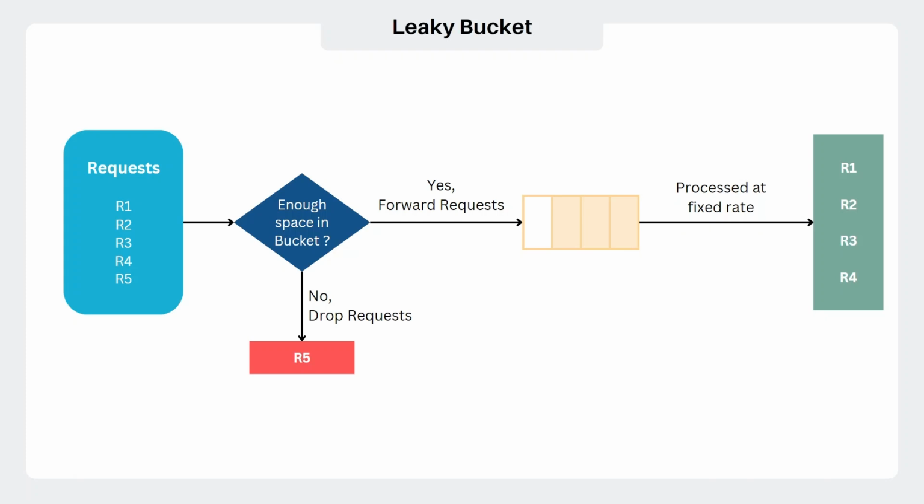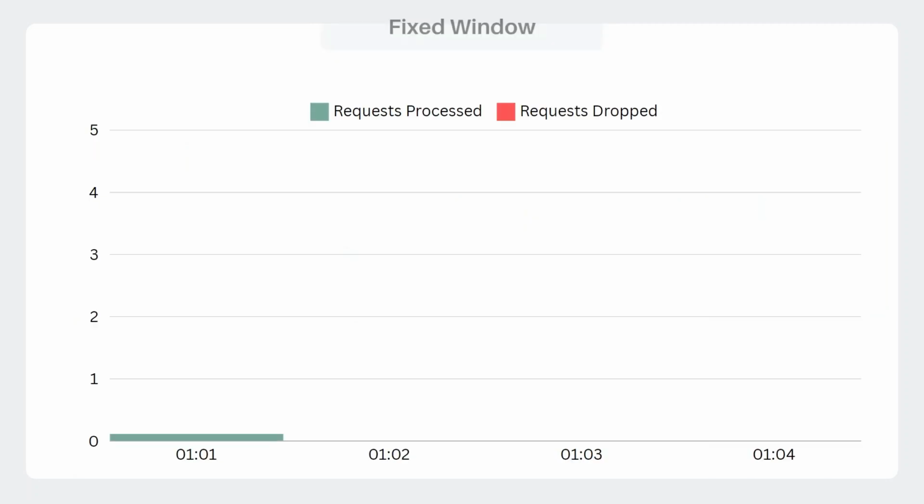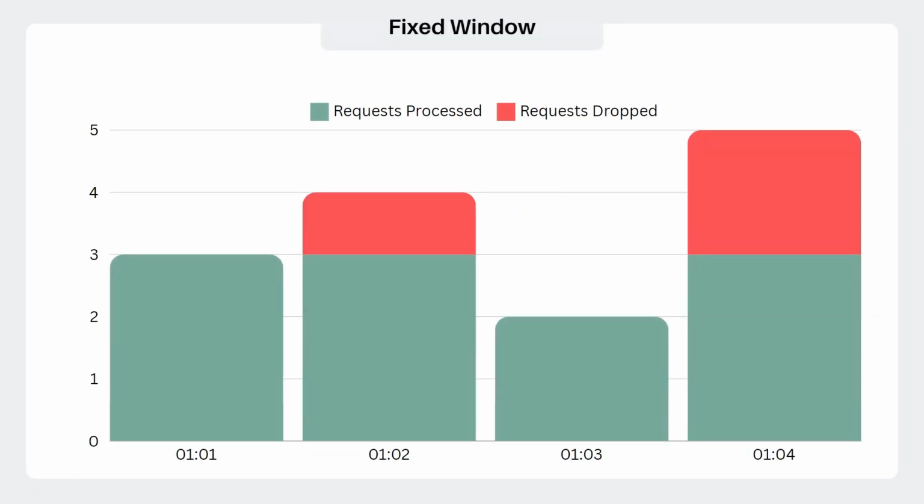After leaky bucket comes fixed window. Fixed window limits the number of requests within a fixed time window, let's say 1000 requests per minute or so on. In our case, according to this image, let's assume for 1 minute we have a limit of 3 requests.